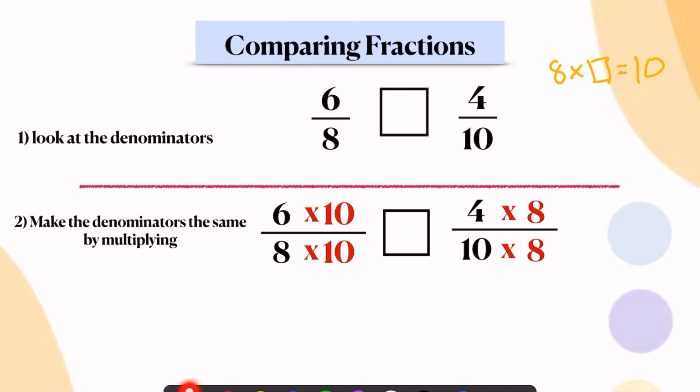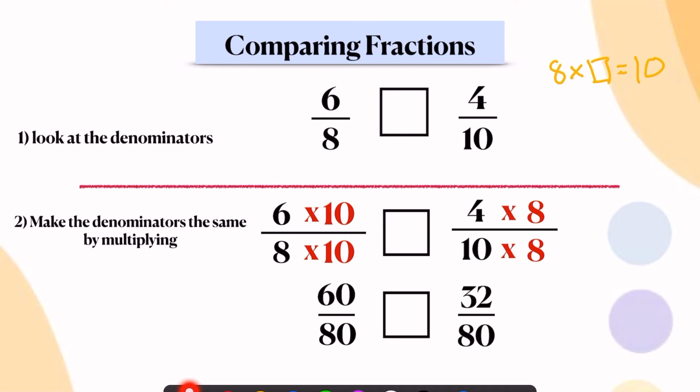If you multiply 10 by 8, you need to multiply 4 by 8. So this is what you get. 6 times 10 is 60. 8 times 10 is 80. 4 times 8 is 32. And 10 times 8 is 80. That's it. Can you see we have the same denominator?